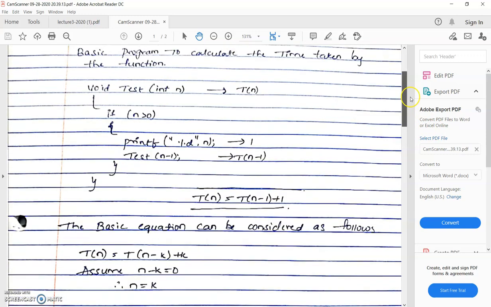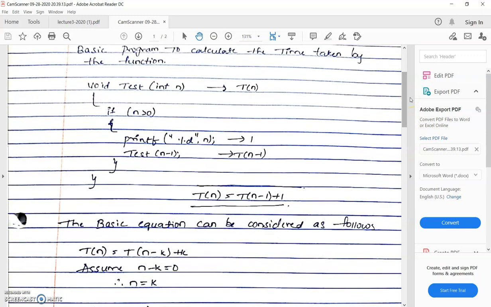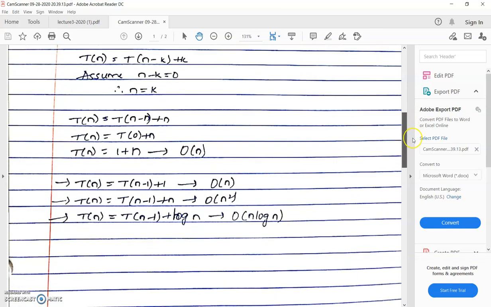When the value of n is 0 in this method, it's just going to print, and there is not going to be any recursive call, because n is not greater than 0. So it's just constant time, which is 1. So T(0) is 1 plus n, which is big O of n. So T(n) = T(n-1) + 1 is big O of n.